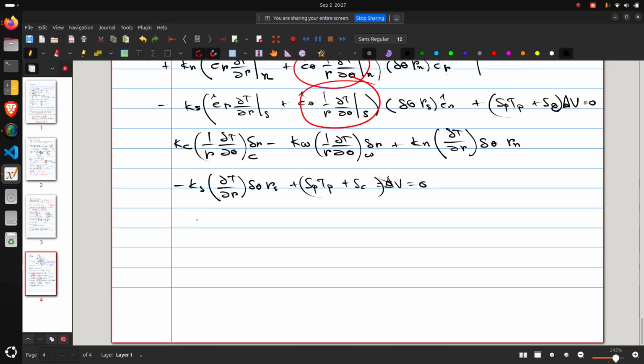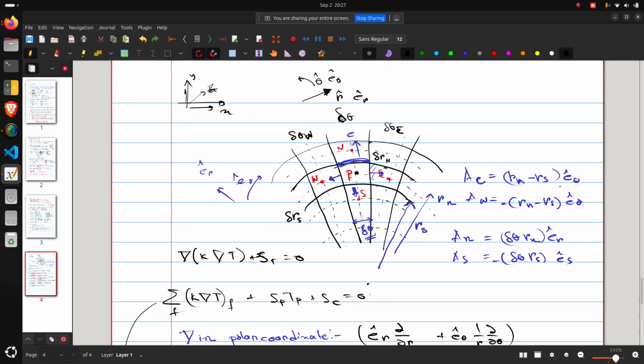Now what is delta V? Delta V is nothing but this volume, right?